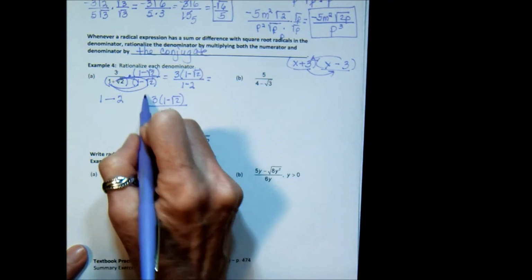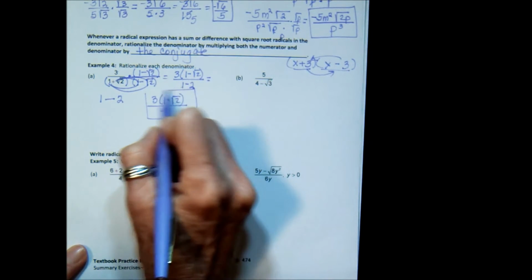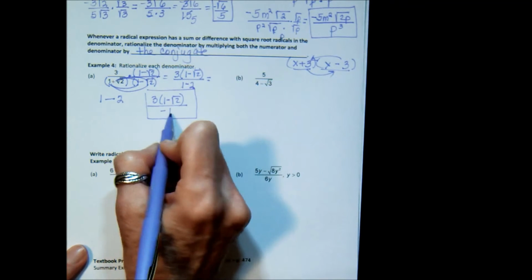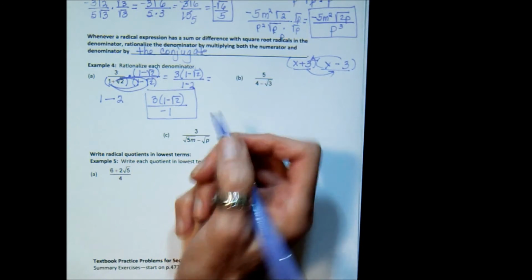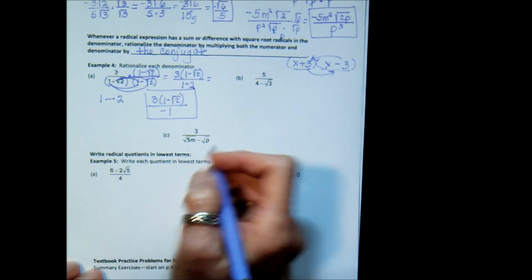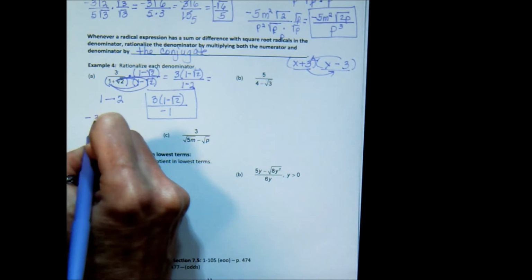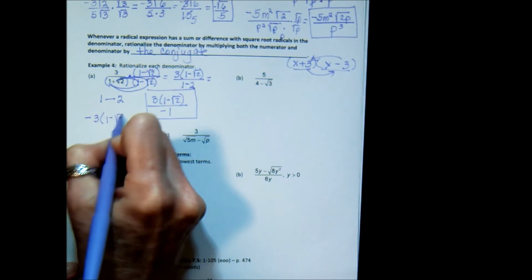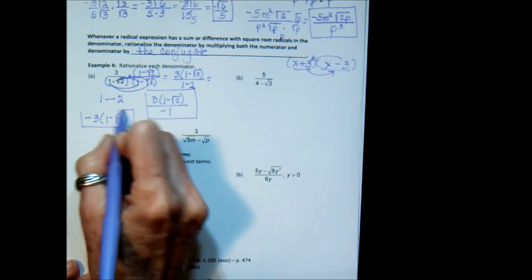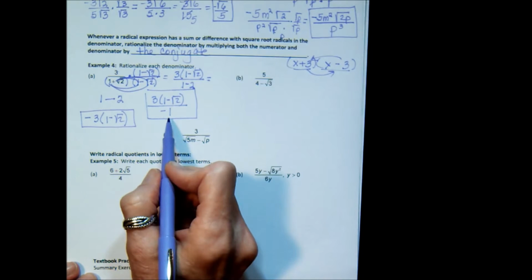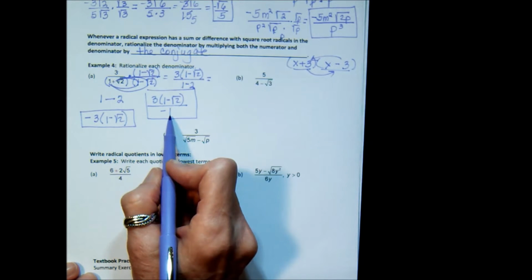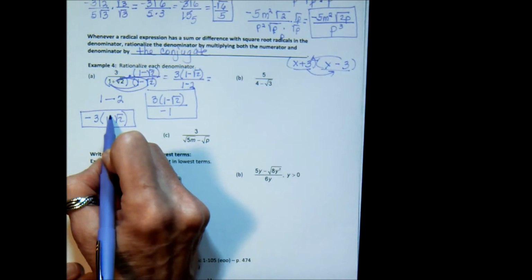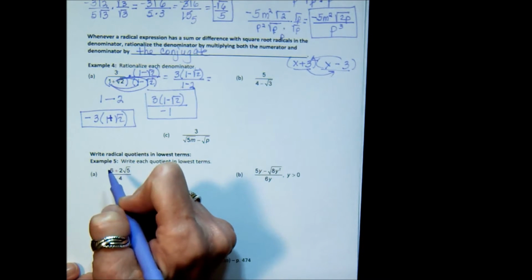Now, although that is a correct answer, it's awkward because we're dividing by negative 1. It would be easier to put the negative in that numerator and say it's negative 3 times 1 minus square root of 2 over positive 1, meaning I don't really have to show it. Now notice, when I divided by the negative, this sign should have been changed also, because think about it.